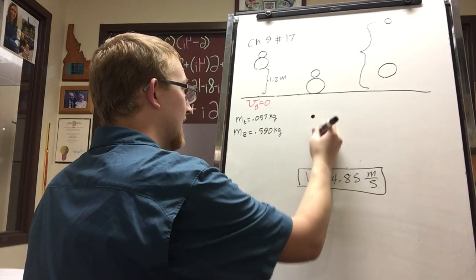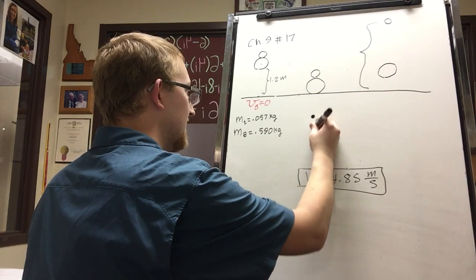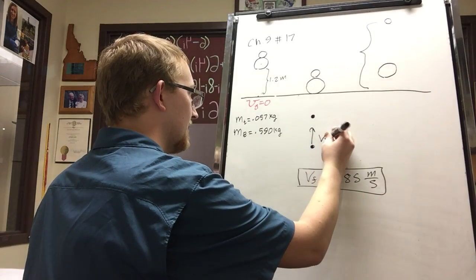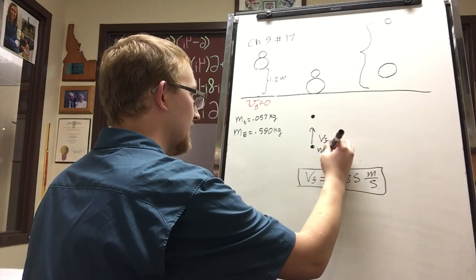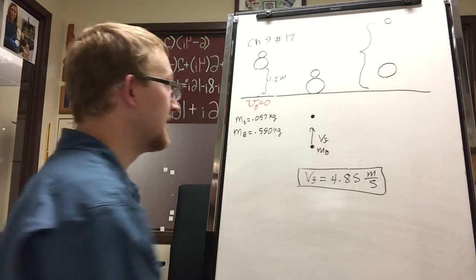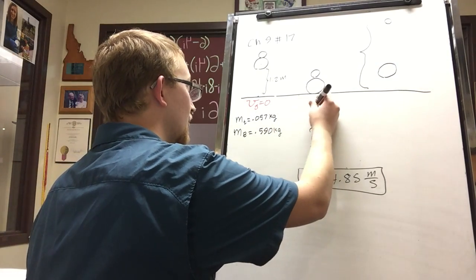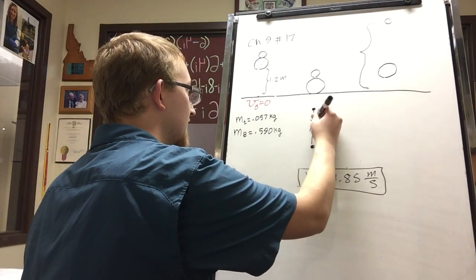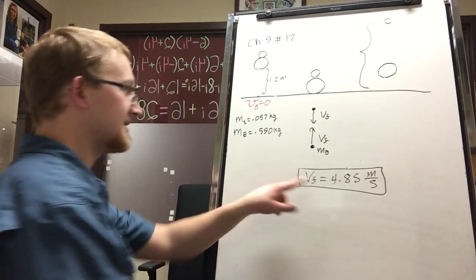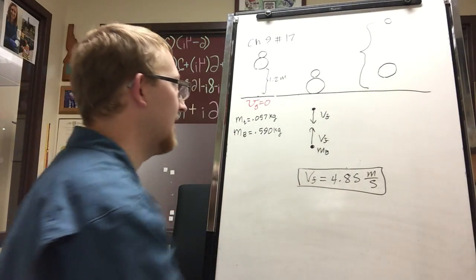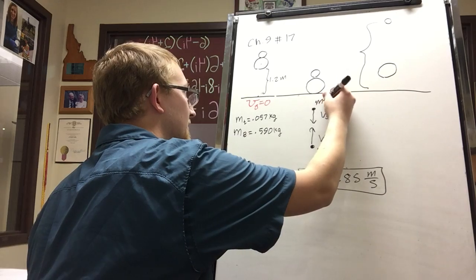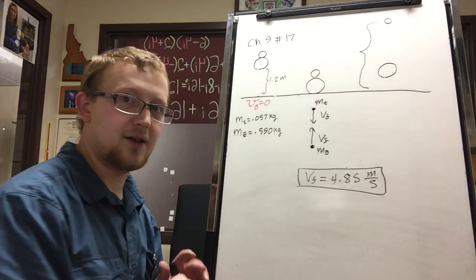Here's the basketball. It's flipped its velocity upwards. But the tennis ball, which is on top of it, still touching it, is traveling downward at that same velocity of 4.85 meters per second. And so they're going to collide.